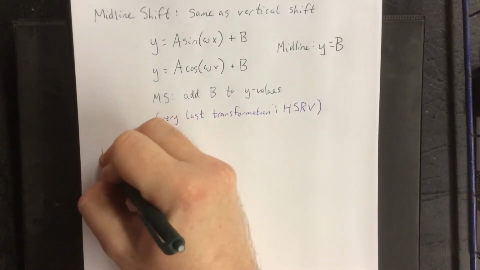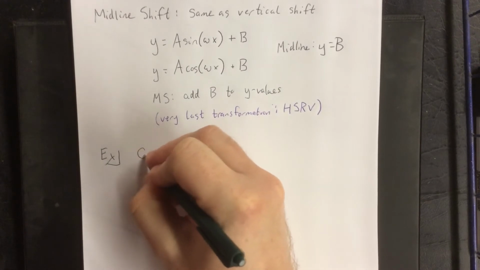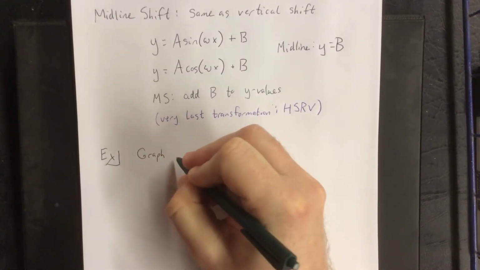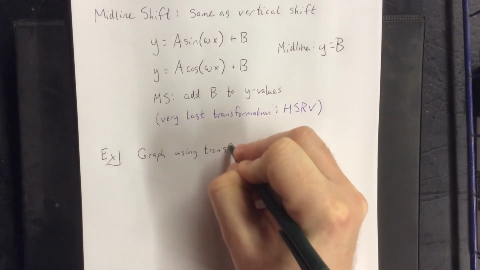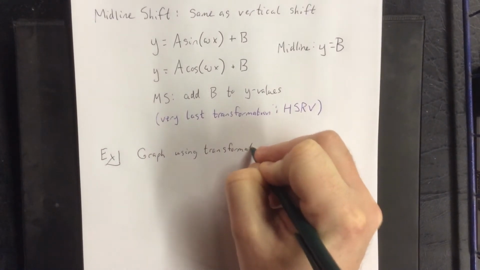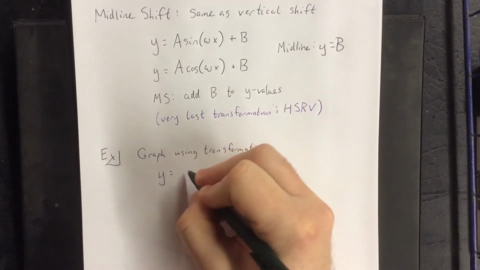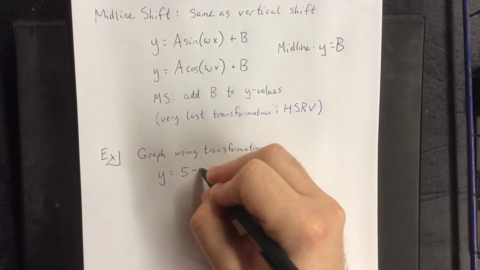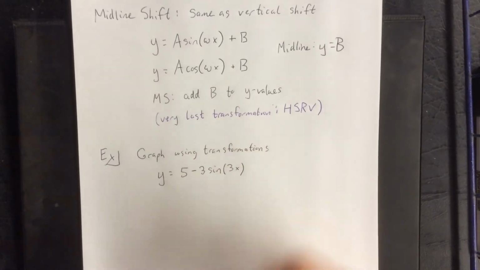So for an example of a problem with a midline shift, I would like to try out the following graph using transformations. And we'll show at least two cycles. I'd like to do y is equal to 5 minus 3 times the sine of 3x.